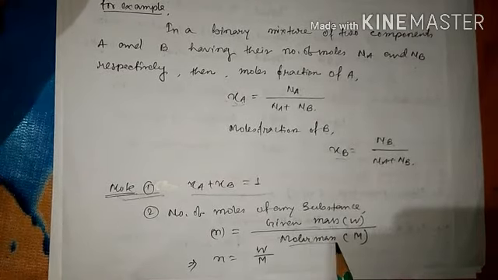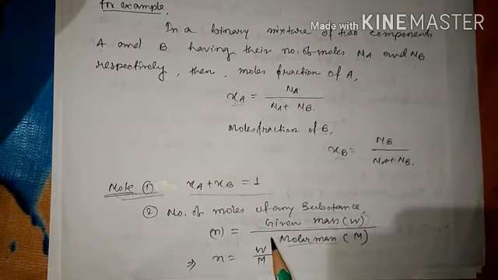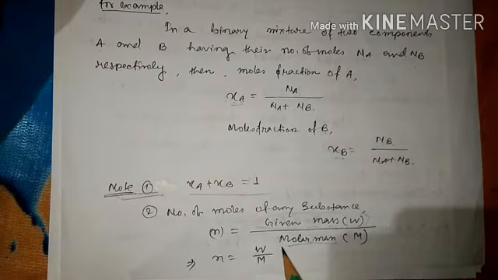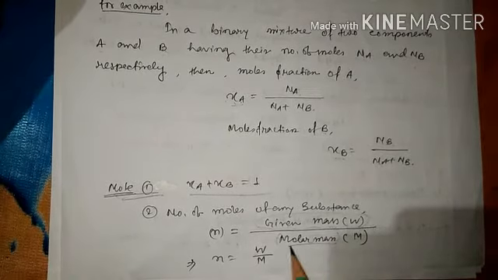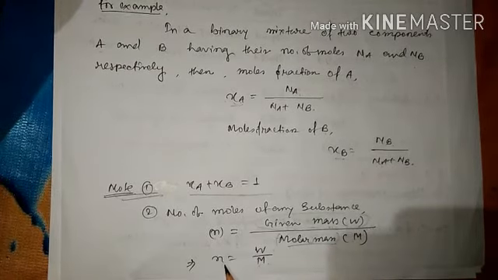We use the mass to prepare a particular solution, and the molar mass is the molecular mass of the component. Therefore, n equals W by M, where W is the given mass, M is the molecular mass, and small n is the number of moles.